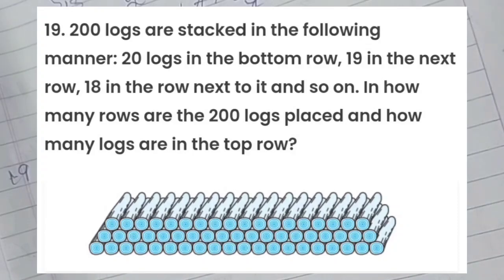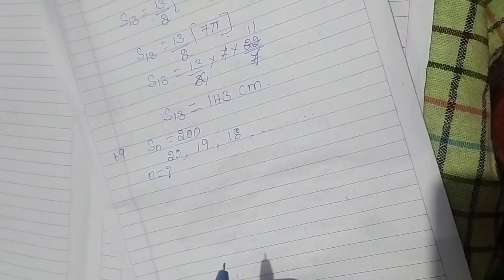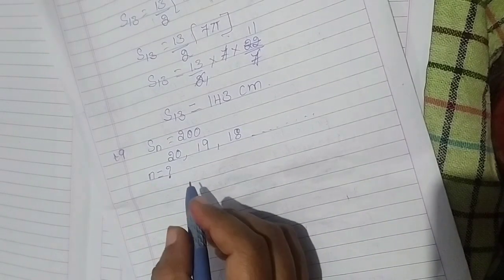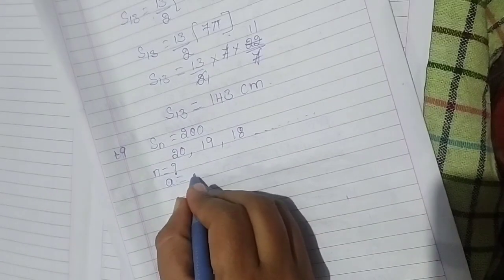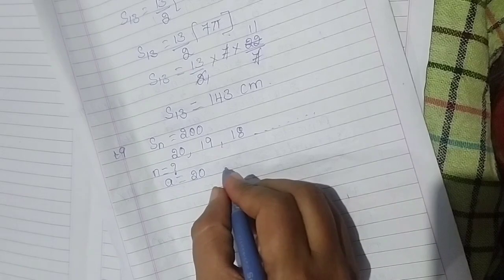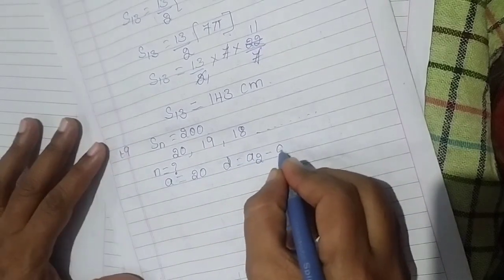So how many rows are 200 logs placed and how many logs are in the top? Let us find A, D, everything. So what is A here? The first term is 20 and common difference we know that a2 minus a1.